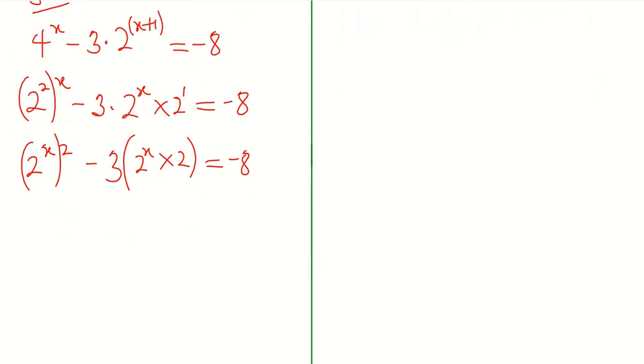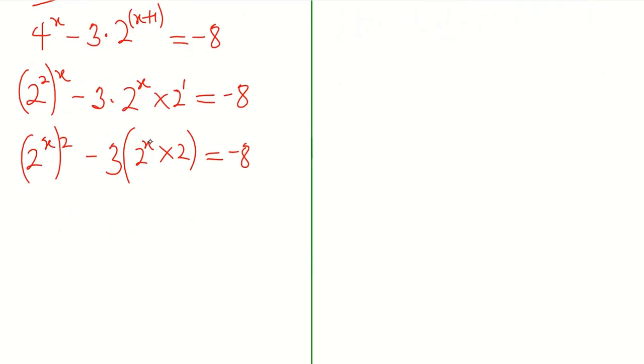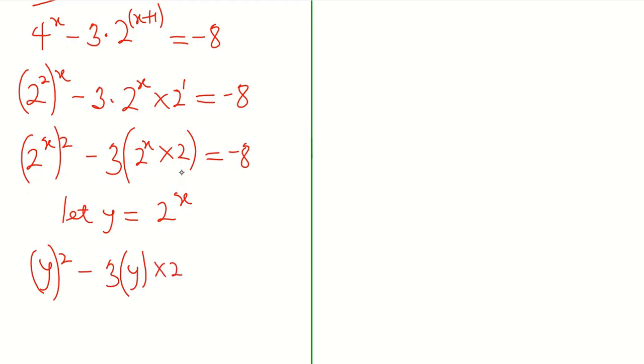So having known this, we have 2 exponent x and 2 exponent x, so we can say that let y be equal to 2 exponent x. So now we have y squared minus 3, and we have 2 exponent x here, which means we are going to put y there. So we have y here times 2, which is equal to minus 8.